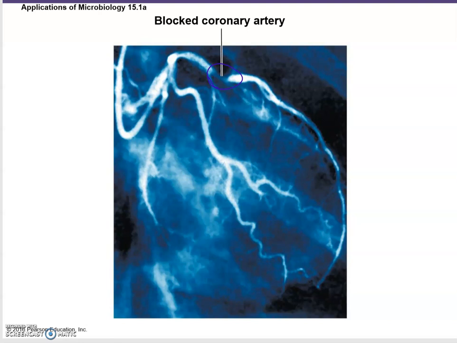The clotted blood then ended up blocking this coronary artery and produced a massive heart attack. The physician treating this condition recognized that it was a pathogen that caused the clotting of the blood here in this coronary artery, and gave a shot of streptokinase, which then dissolved the clot and caused the blood to flow again through this coronary artery.